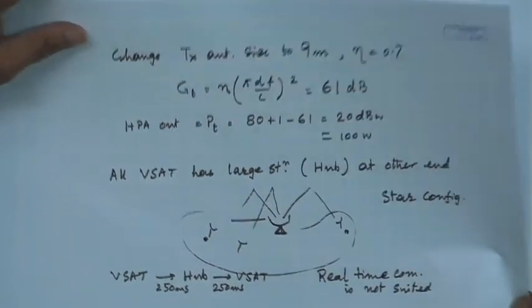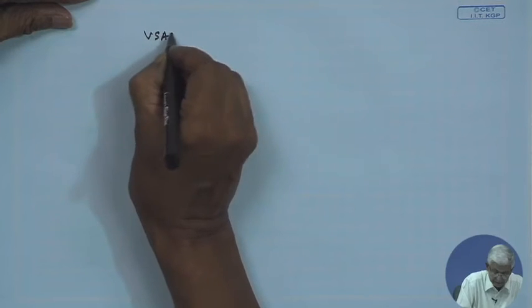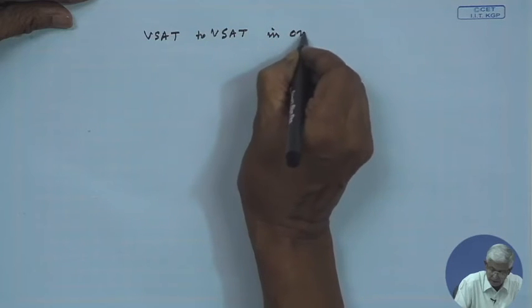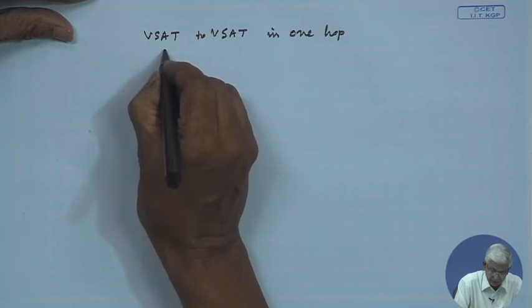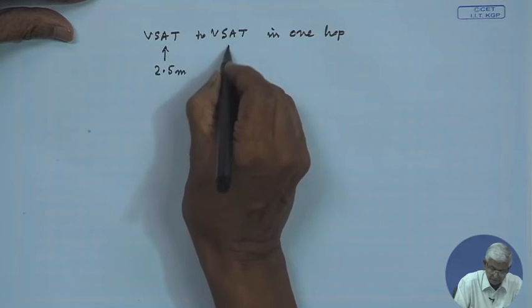That is why it is in the ATM, that is the bank transaction or commercial transaction where data communication is taking place. Then therefore, people try to do real time communication with a larger type of antenna in the VSAT, and it is possible that a VSAT to VSAT in one hop, you can use a VSAT antenna of the order of 2.5 meter or so.